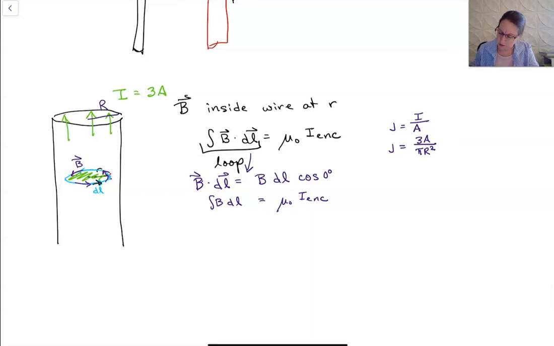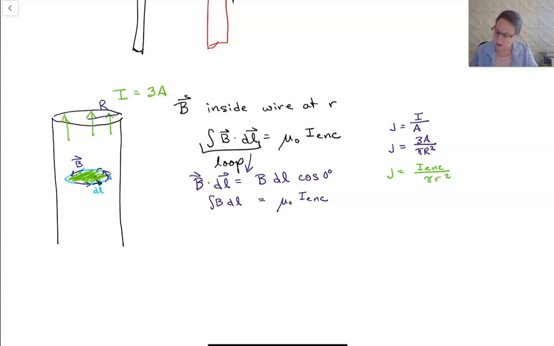Or we could also say this J is equal to the I enclosed, however much is inside, over the area which is enclosed, which is pi r squared, little r squared.